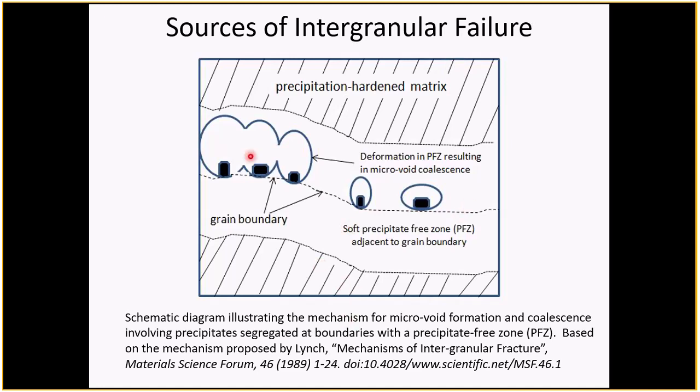But it's still a ductile failure. It's just ductile failure where you're getting most of the ductile deformation occurring in the regions around carbides. And then it looks like an intergranular failure. But if you examine the fracture surface, you'll see dimples, which would be the classic sign of a ductile failure mechanism.